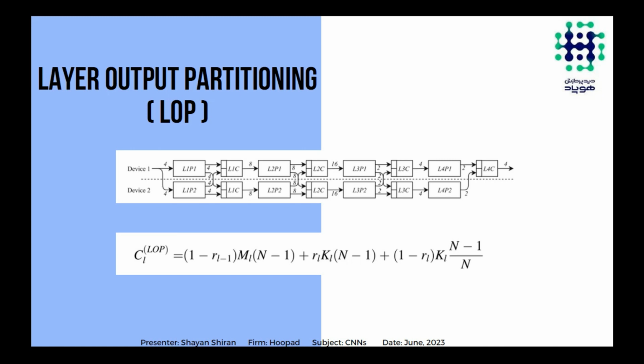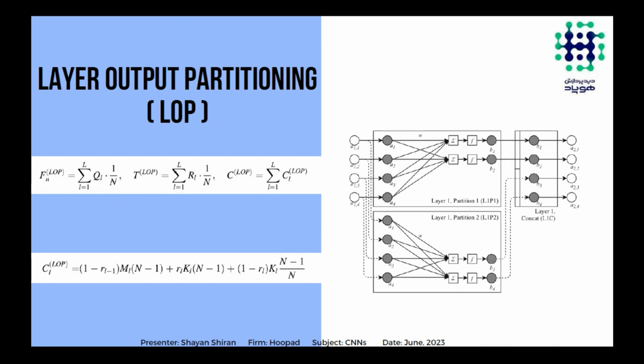In partition one we are using a subset of the weights, and in partition two we are using another subset of the weights. They may overlap, but they are usually different subsets.